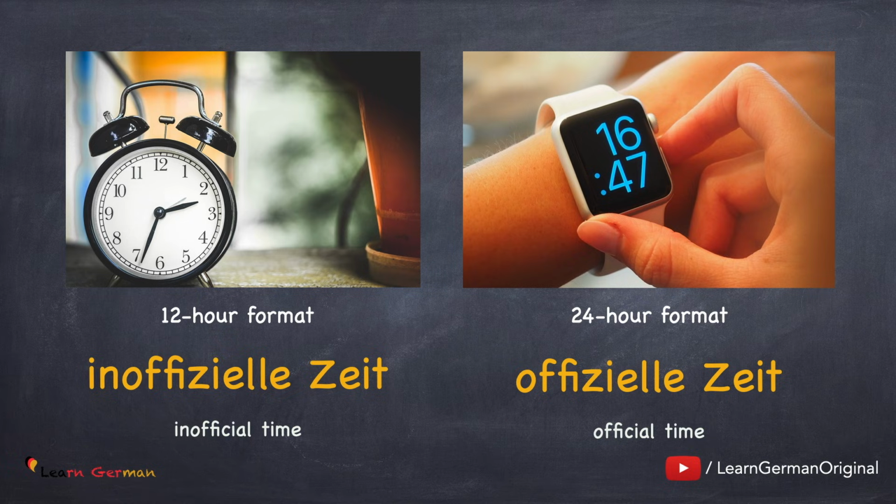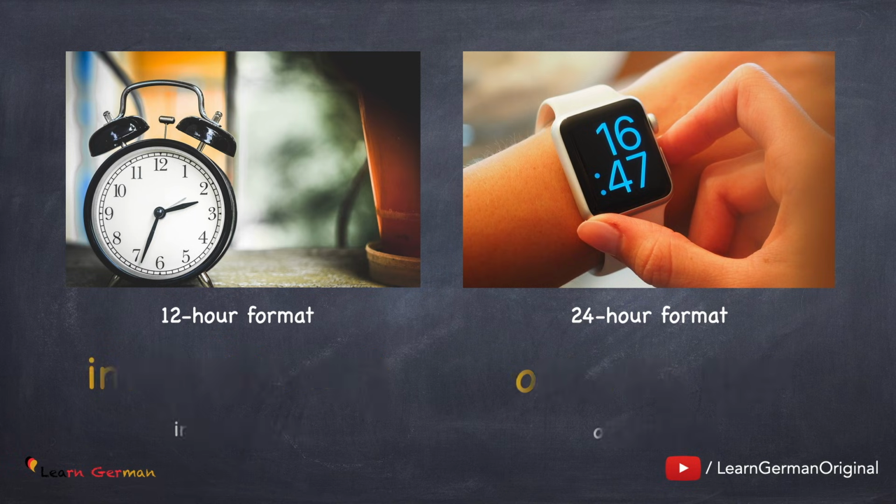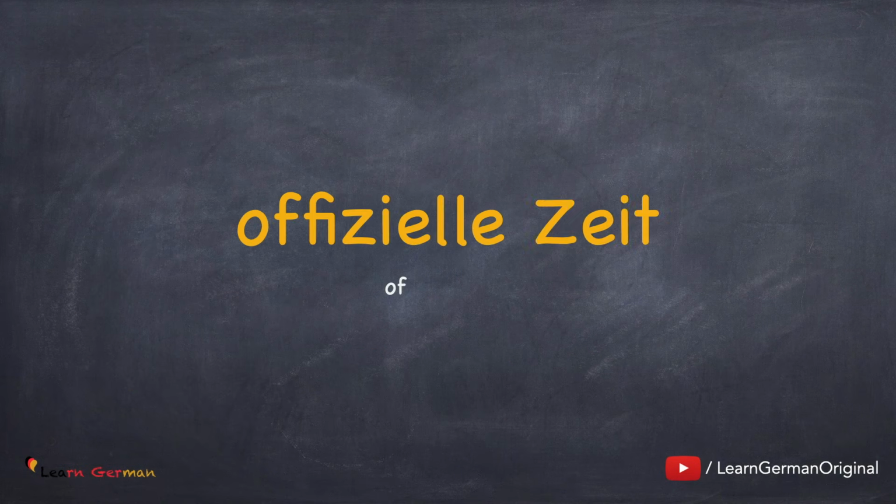Offizielle Zeit, the 24-hour format in Germany, is used mostly in official situations, for example, while listening to radio or at an airport or a train station. In this video, we'll be doing offizielle Zeit.